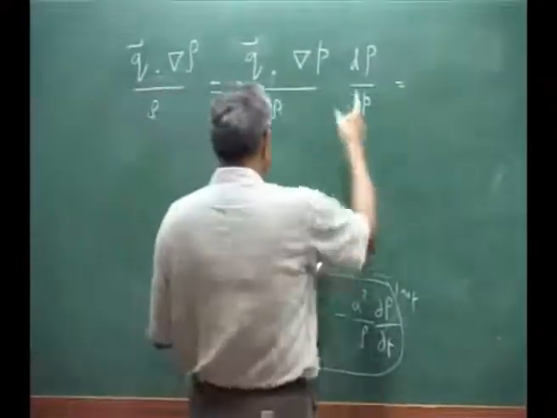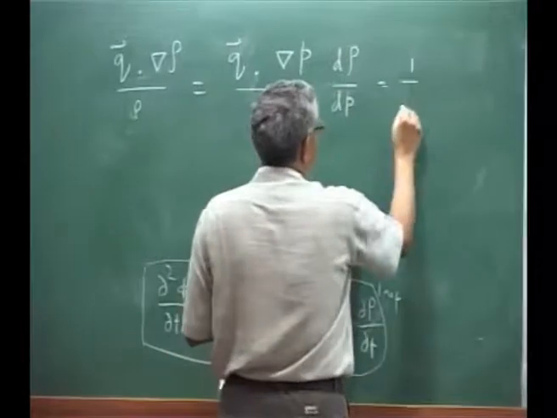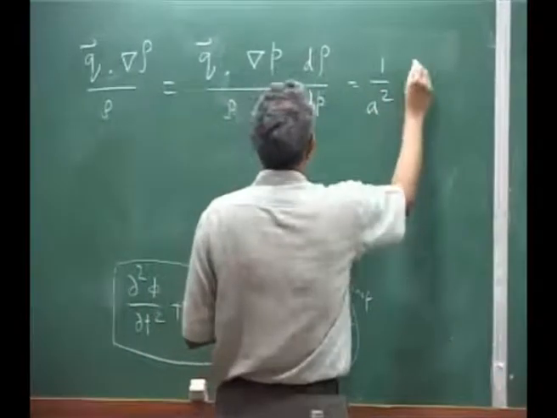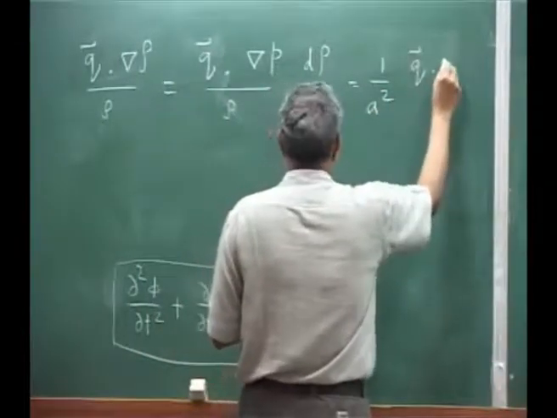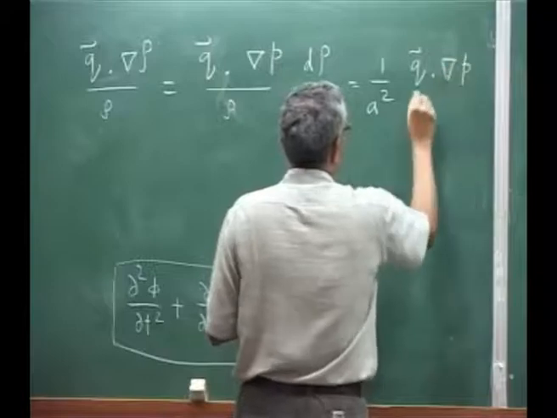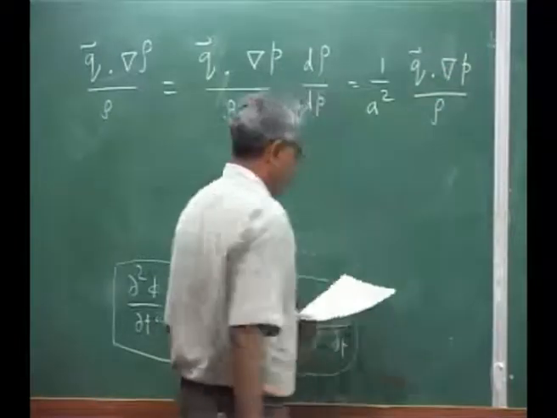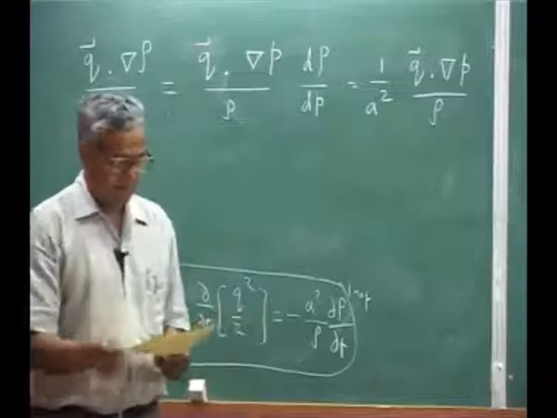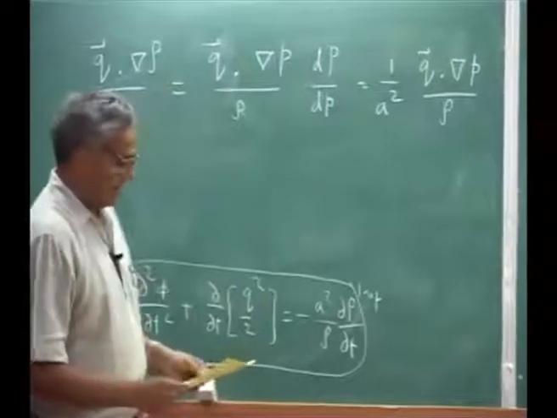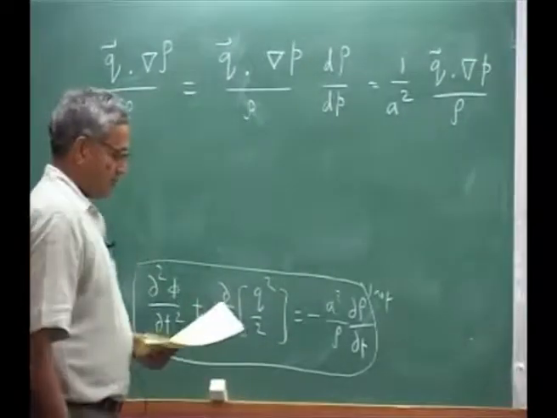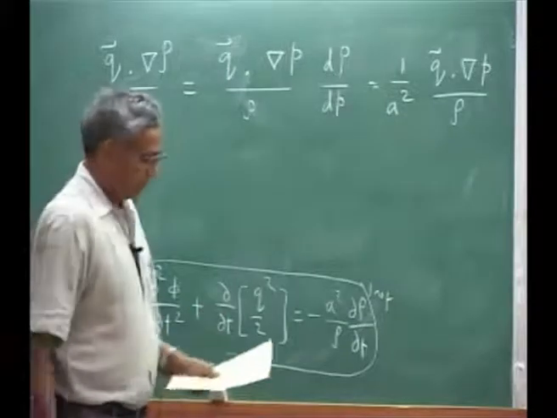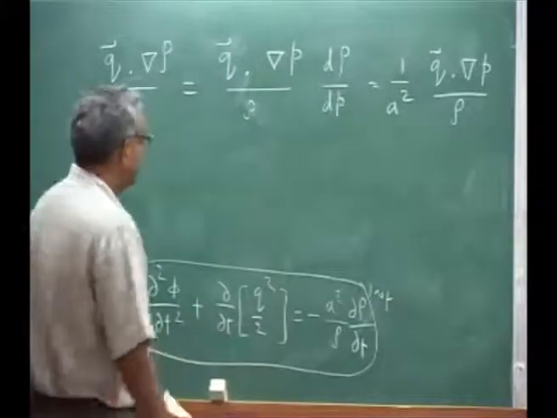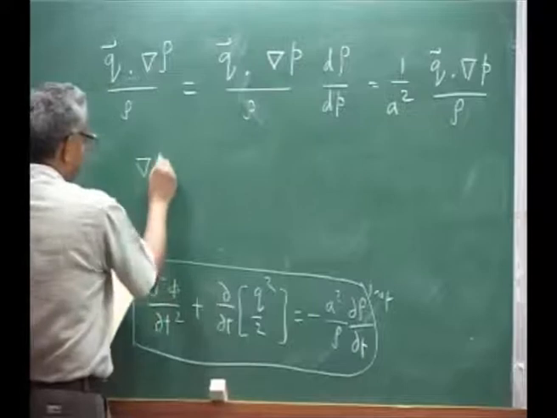Now this is nothing but 1 over a square. This is 1 over a square q dot del p over rho. Okay. Now del p over rho is what? Delta p over rho.